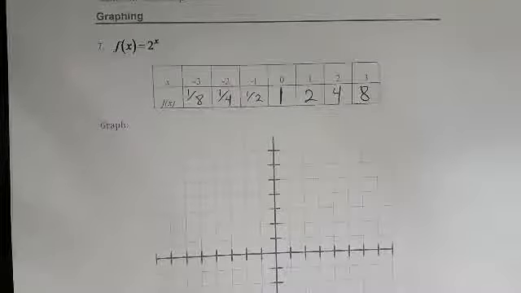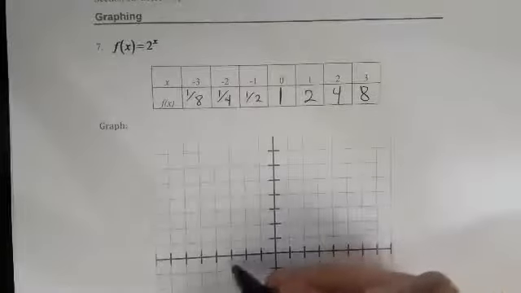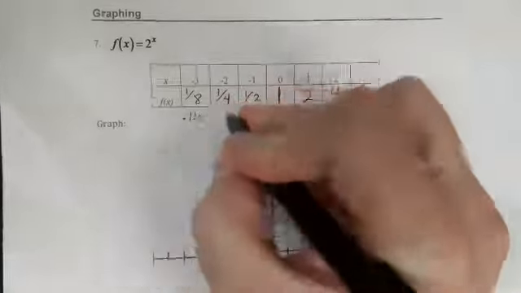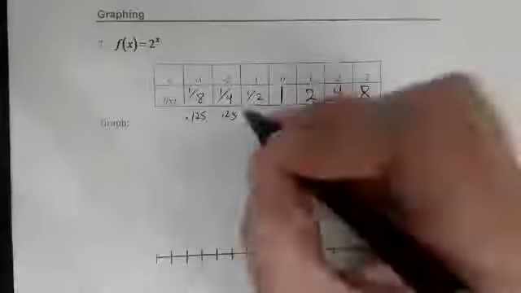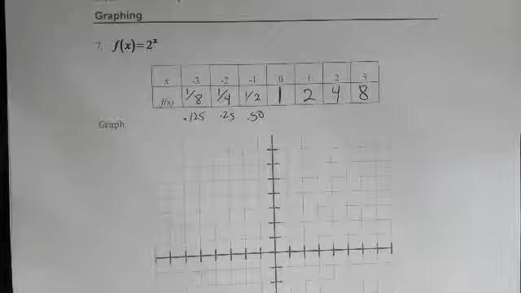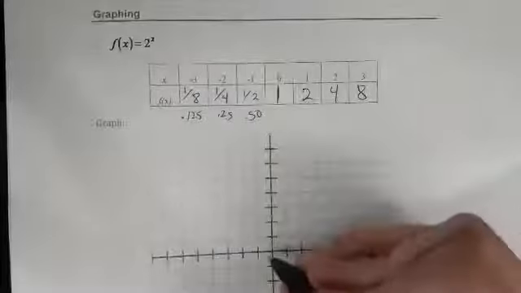We want to make our graph. We want to go to -3 and the fractional amount. If you want to do 1/8, 0.125 might make it easier. It helps you approximate, about 1/8 of the way up.